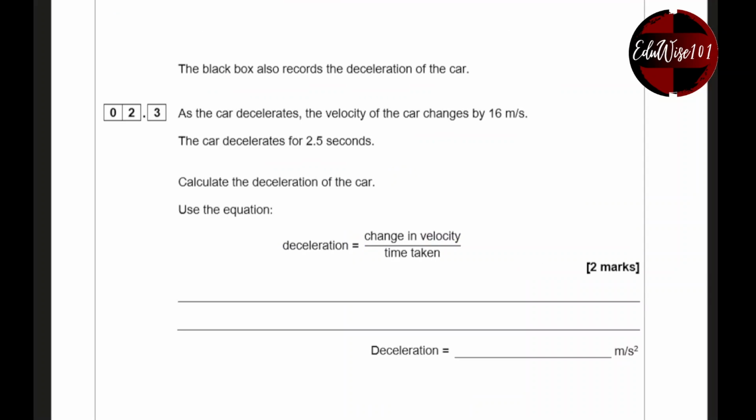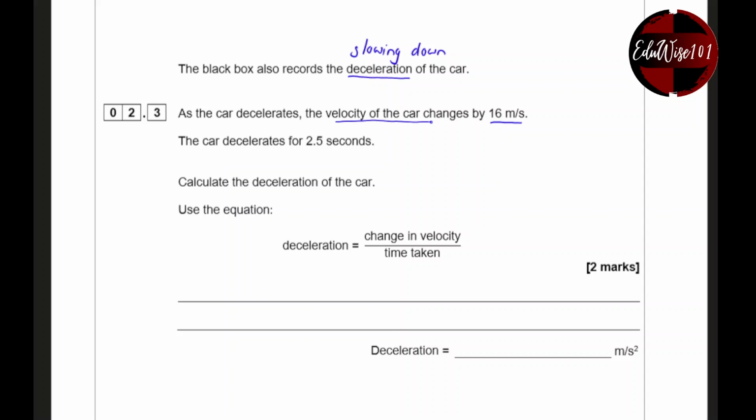Next question. The black box also records the deceleration of the car. Deceleration means the slowing down of the car. As the car decelerates, the velocity of the car changes by 16 meters per second.